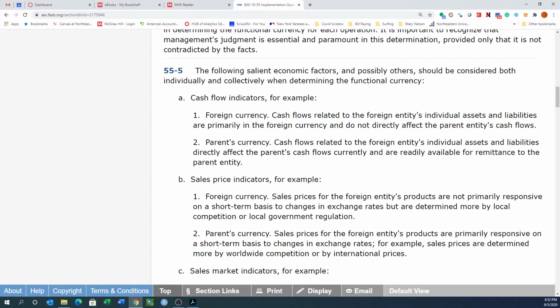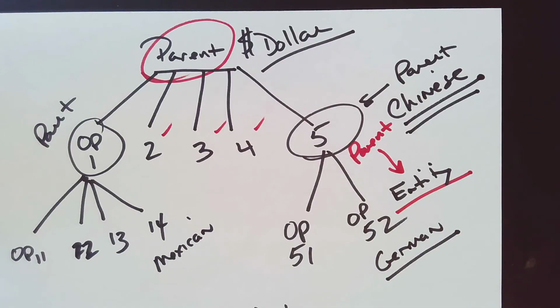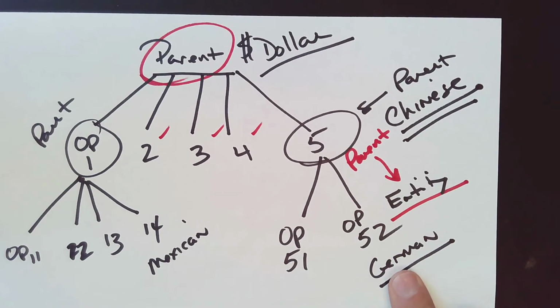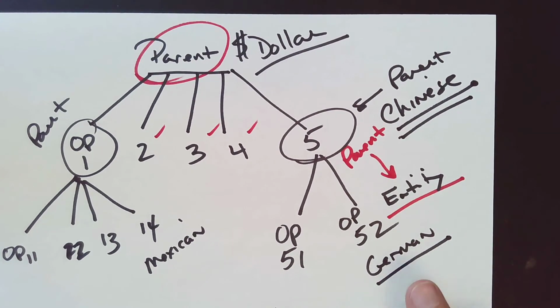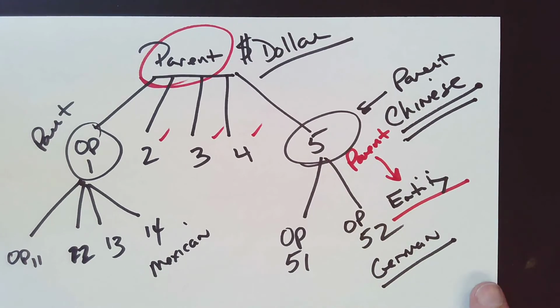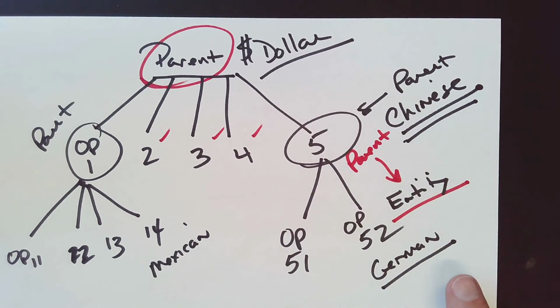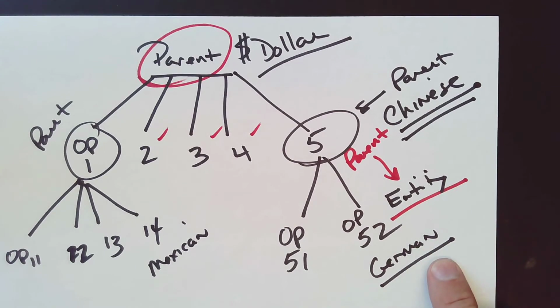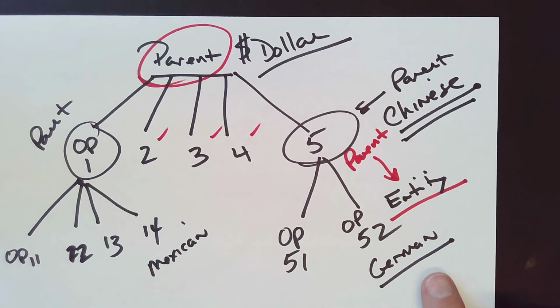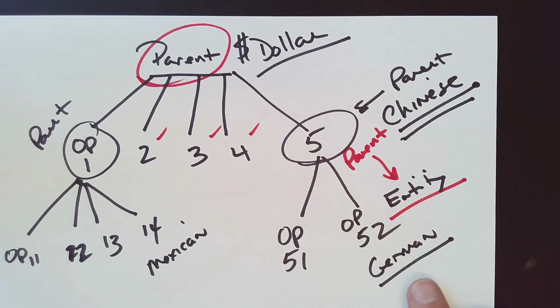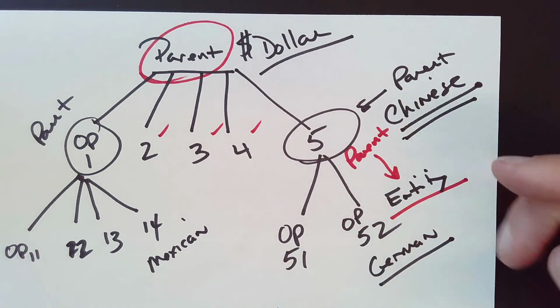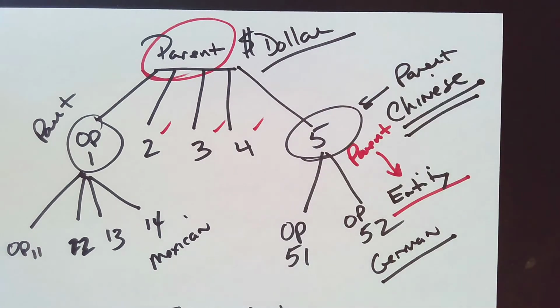So what would happen, right? Let's go back to our little crazy schematic that I created here. If that latter thing happens, for this German entity, we would have to remeasure all the assets and liabilities, all the revenue and expenses from euro to the Chinese yuan. And we're going to talk about remeasurement, how we're going to do that. And then everything's in the Chinese yuan, then we would consolidate the German entity and the Chinese parent.